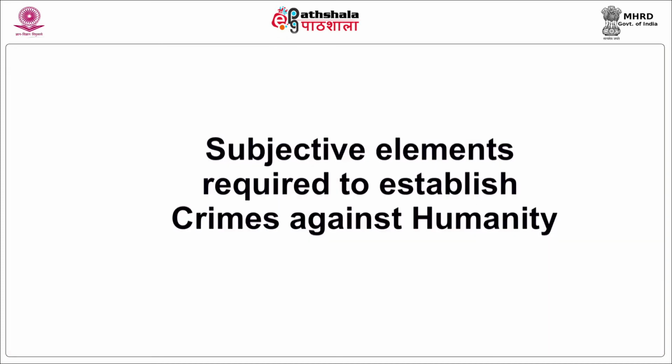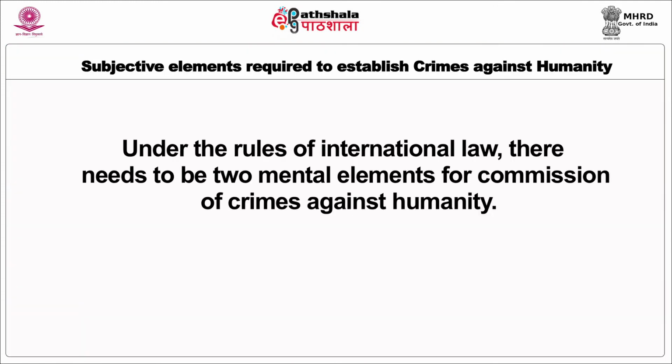What are the subjective elements required to establish crimes against humanity in general? Under the rules of international law, there need to be two mental elements for the commission of crimes against humanity. These are mens rea proper, in order to commit the underlying offence, such as murder, extermination, deportation, enslavement, sexual violence, etc. And secondly, mens rea of a widespread or systematic practice.